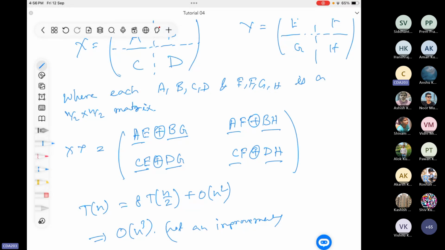Implementation wise, it's a bit not good, but it's okay. Complexity wise, it's fine.